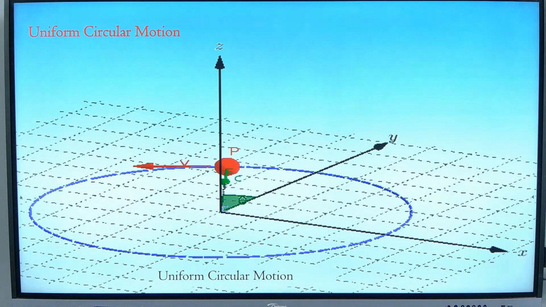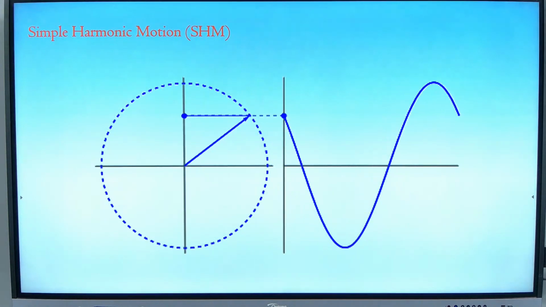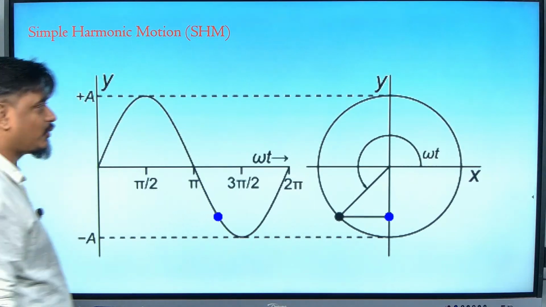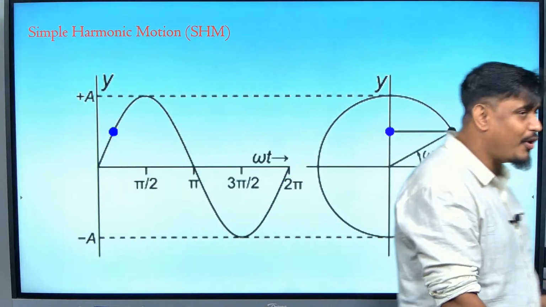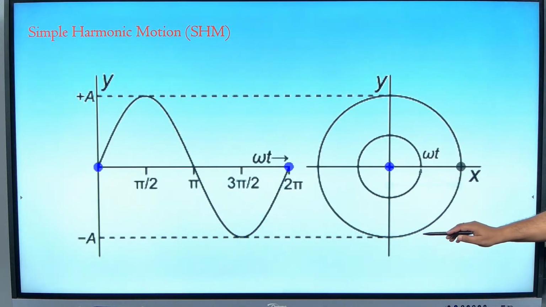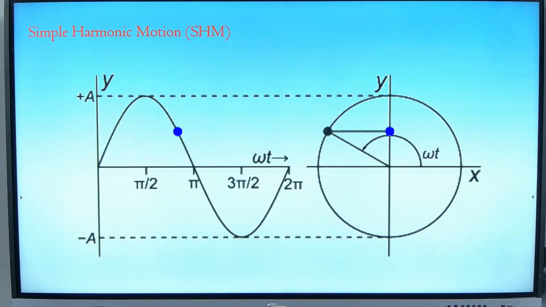So, if you see carefully, you will realize that when an object is undergoing circular motion, the black dot in this diagram is undergoing which motion? Circular motion. See the blue dot? Oscillatory motion, right?